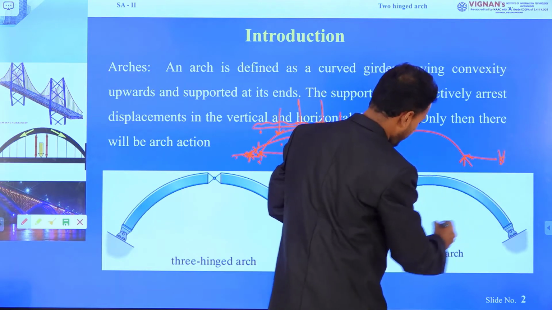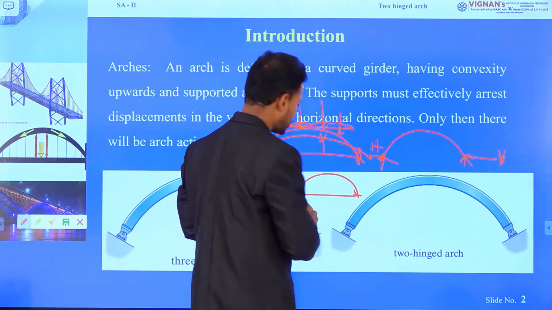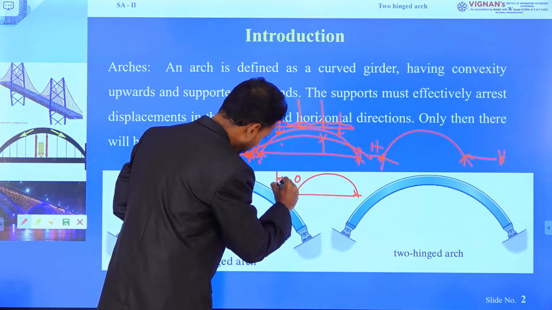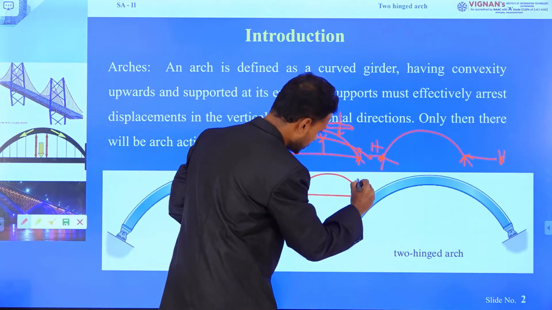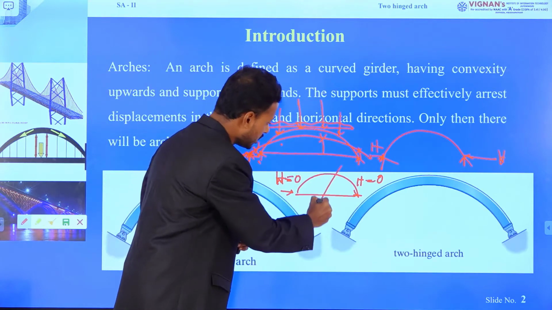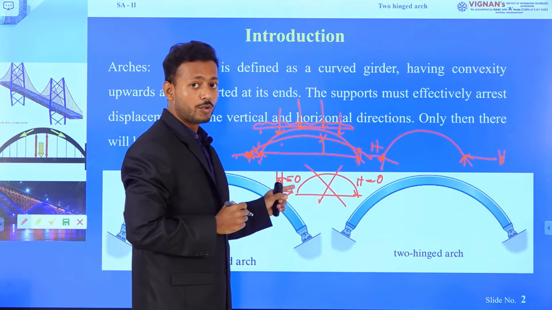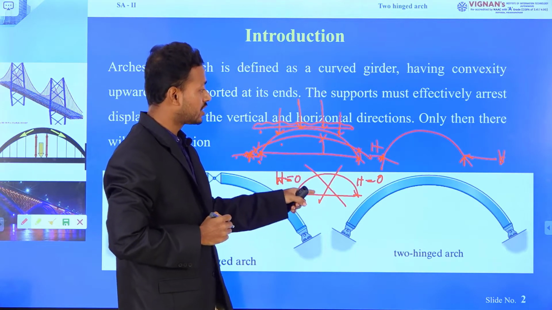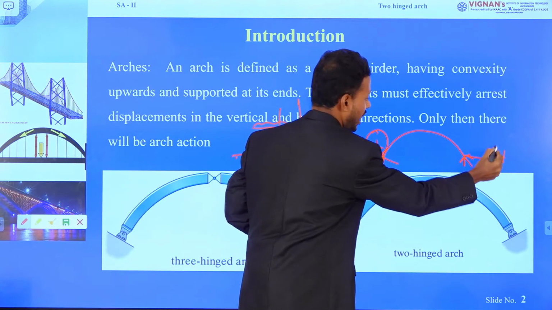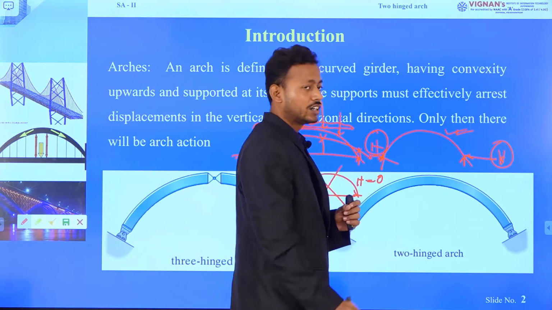Suppose we have an arch structure, but it has zero horizontal thrust, horizontal thrust equals 0, then it is not an arch, it will behave like a simply supported beam. An arch structure will be said to be an arch structure only if there is a significant amount of horizontal thrust, then only it will be called an arch structure.